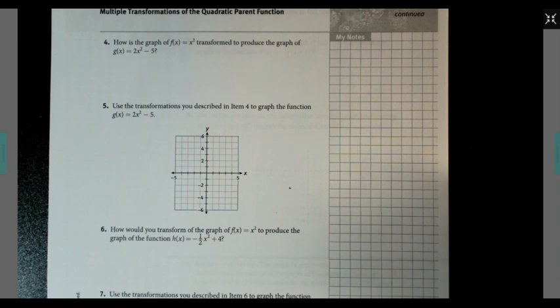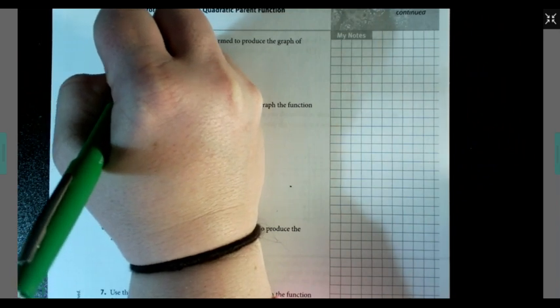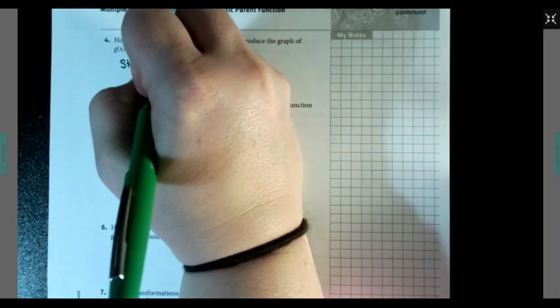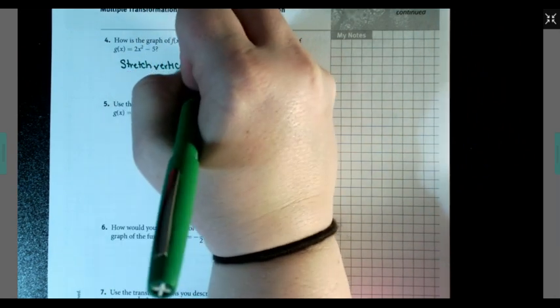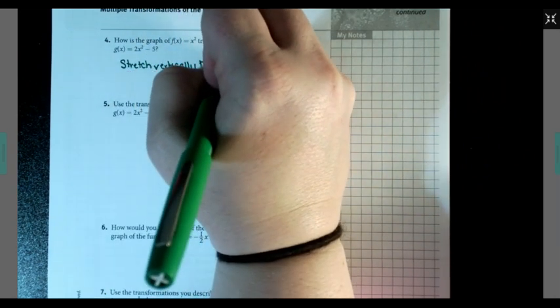So if you recall yesterday's lesson, if a is greater than 1, it is going to be a stretch vertically by a factor of 2. So the first thing we're going to do is say stretch vertically by a factor of 2.